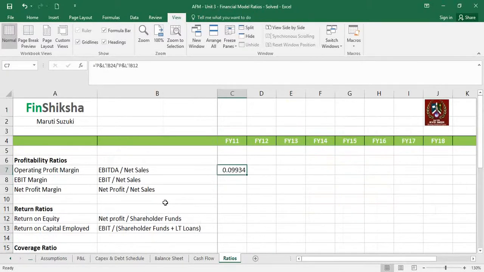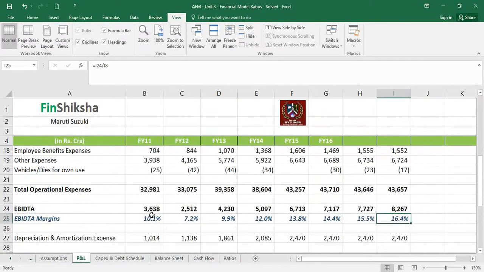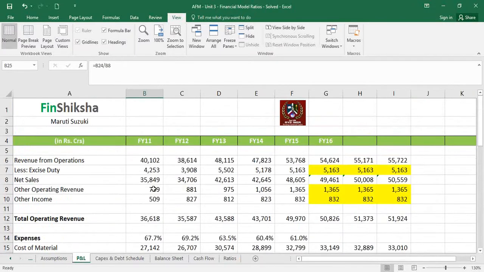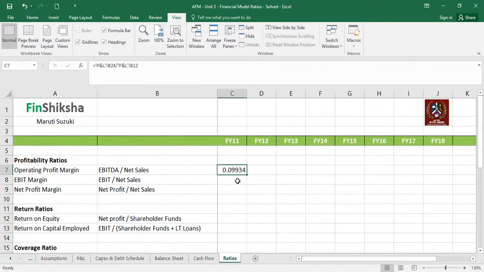If you look at the calculation of EBITDA, there's a small calculation done here itself. This divides B24 by B8, which is only the net sales number. We have divided it in our formula by total operating revenue, which is the sum of these two. So that's the minor difference that we are looking at.